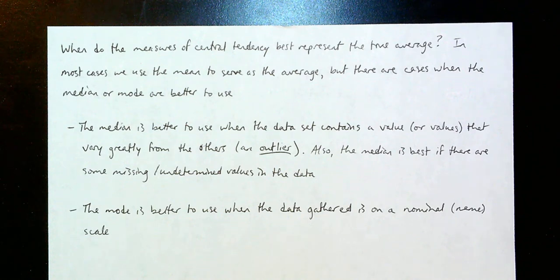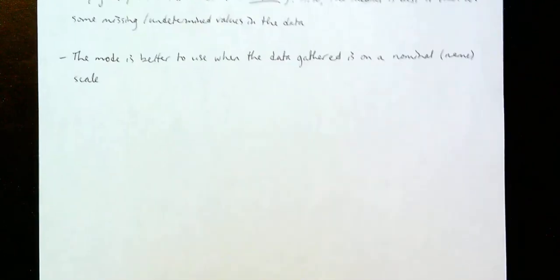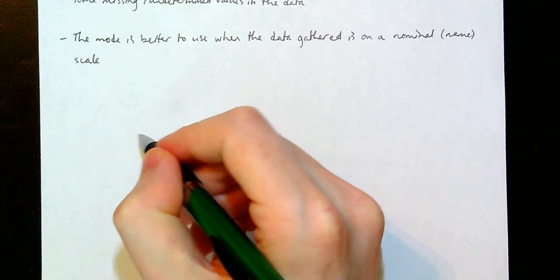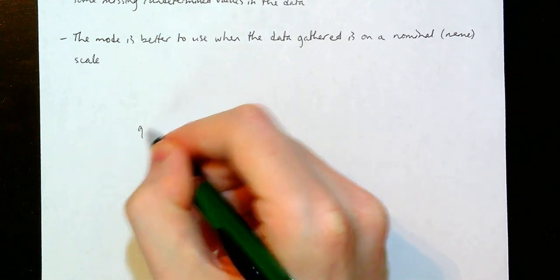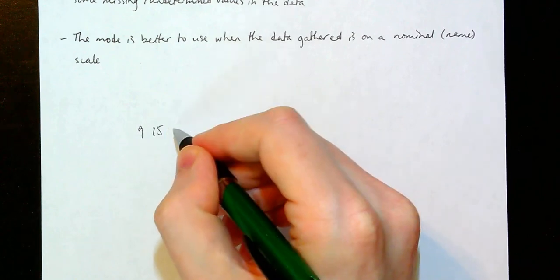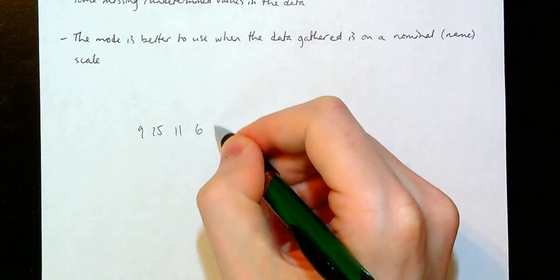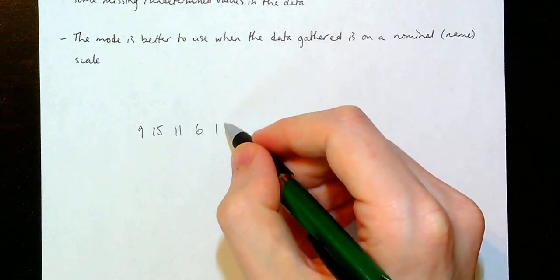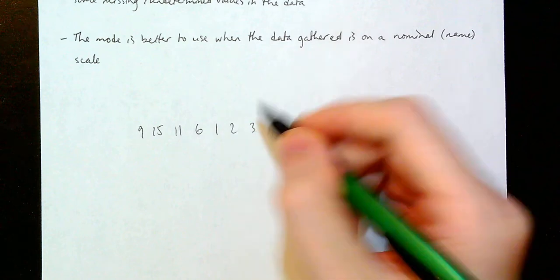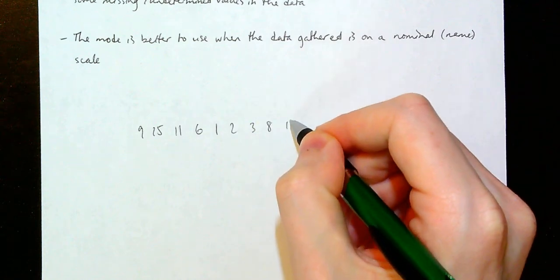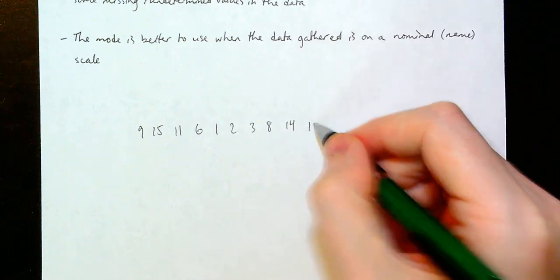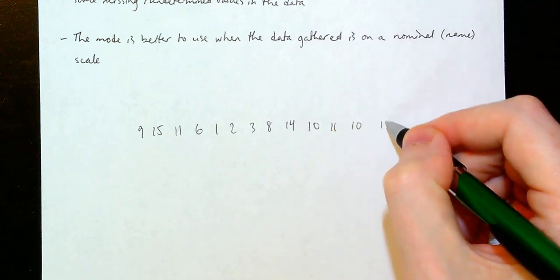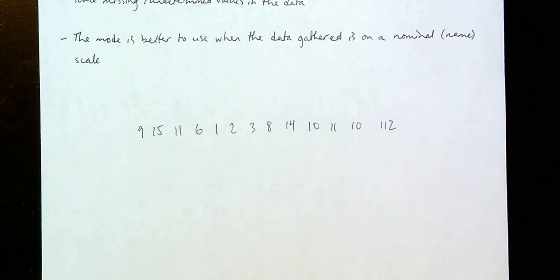But an example of an outlier would be, say, that you had a data set that looked something like this: 9, 15, 11, 6, 1, 2, 3, 8, 14, 10, 11, 10, and then say 112.